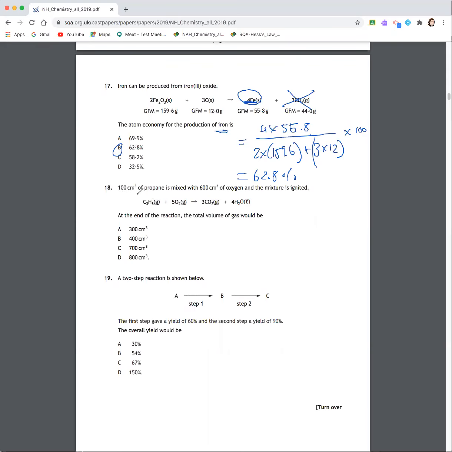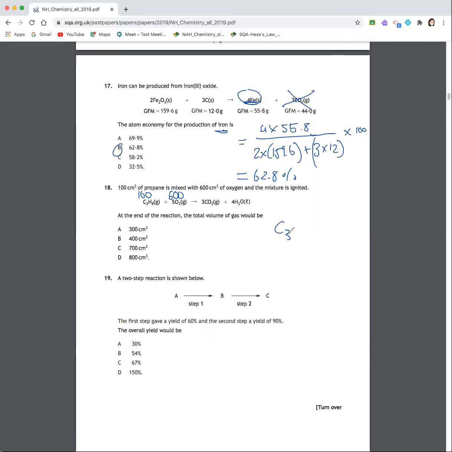So you're told there's 100 centimeters cubed of propane and 600 centimeters cubed of oxygen. Because you're given both reactants, you need to work out which reactant is in excess first.